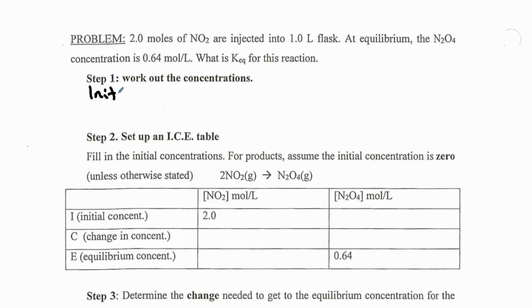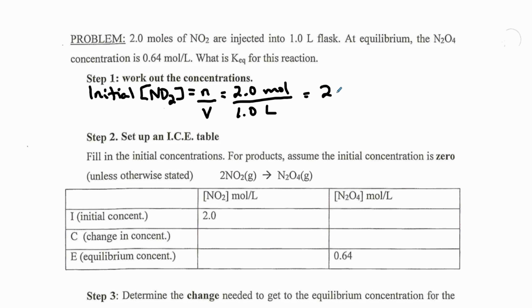Initial concentration of NO2. And we know that concentration can be solved using C equals n over V. So n divided by V. I know that there are 2 moles and 1 liter. So therefore, the initial concentration is 2 moles per liter.